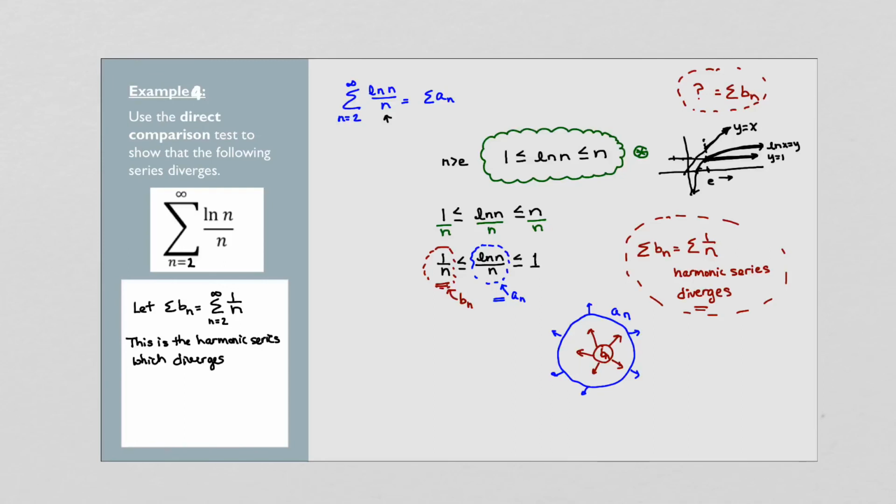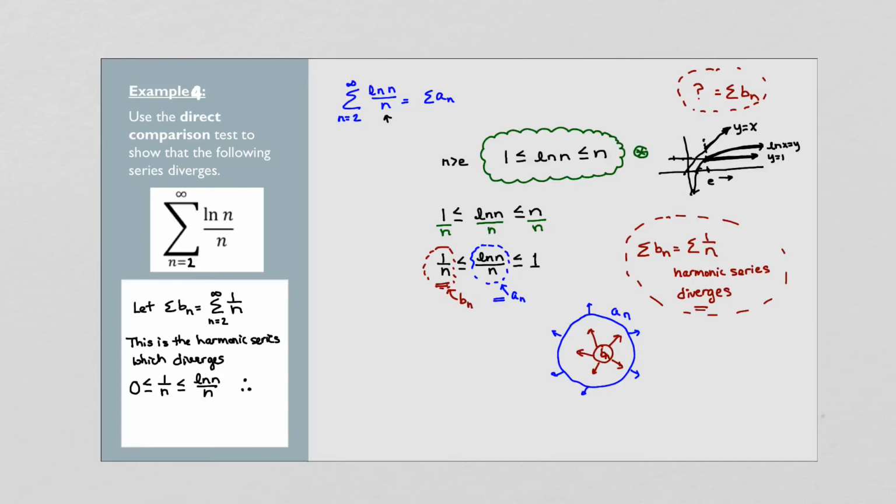So we have the series 1 over n, which is the harmonic series that diverges. In addition, we have an order such that the terms in the harmonic series are smaller than the terms in the original series.